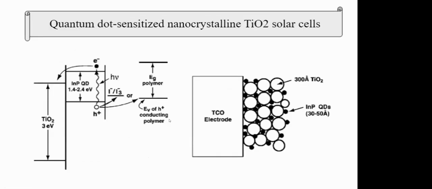The process of making this is again very simple. You have to have a low band gap semiconducting quantum dot. The internal structure is similar to dye sensitized solar cells, except we have quantum dots in place of dyes. They are solid, so their relative life stability is much better than the dye sensitized solar cell.